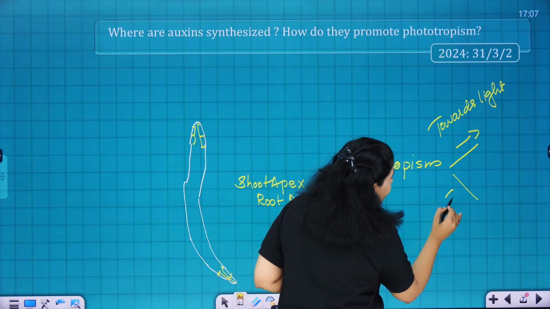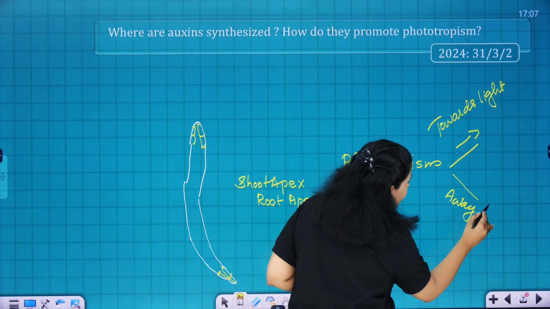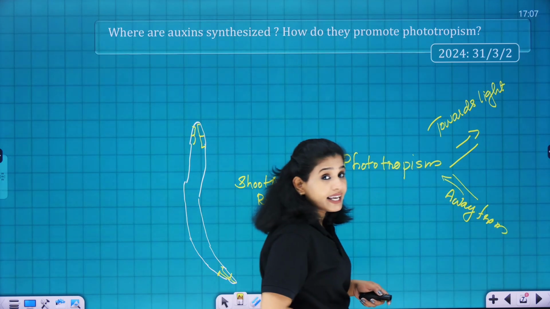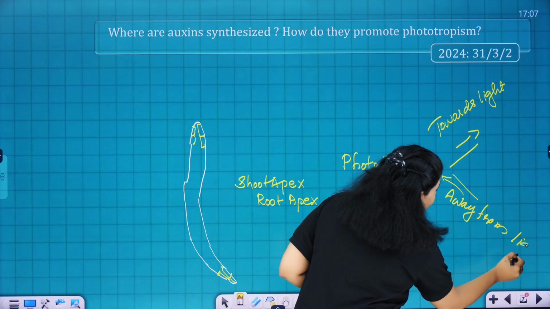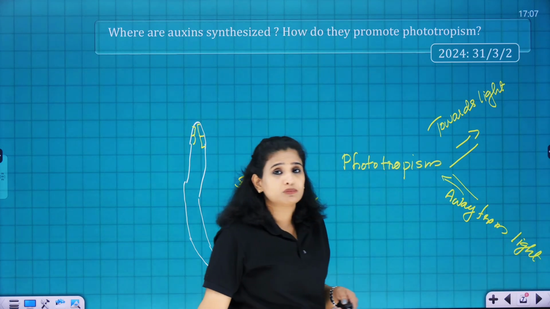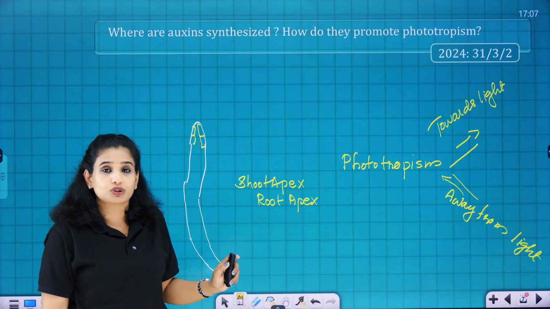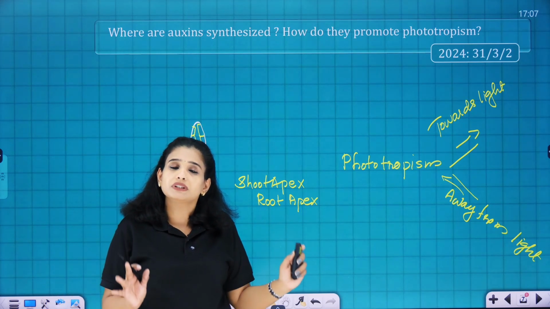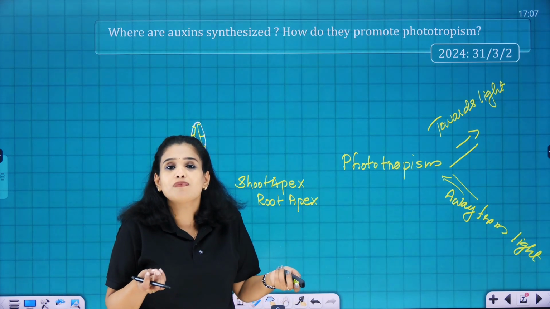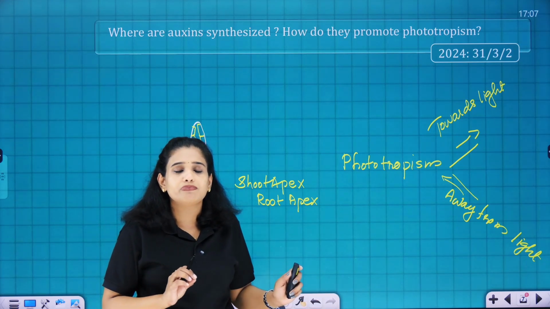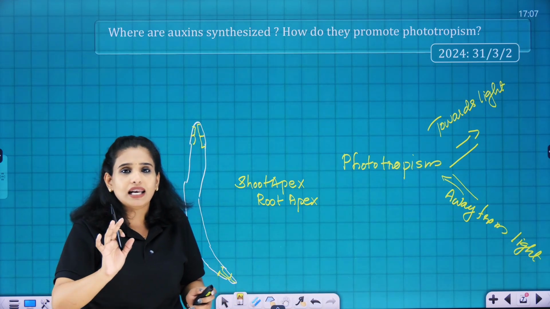If it grows away from the light, what is it called? Negative phototropism. Anyhow, phototropism is the movement of plant parts in response to light.